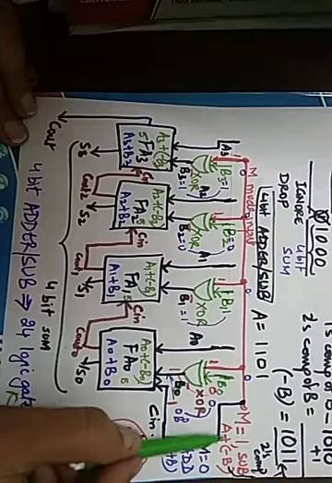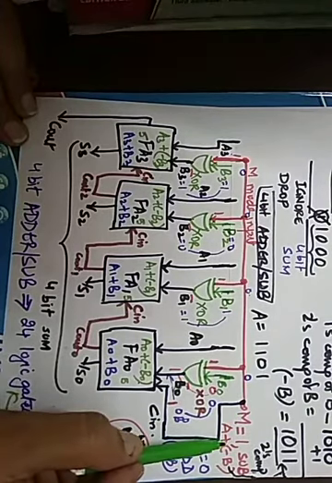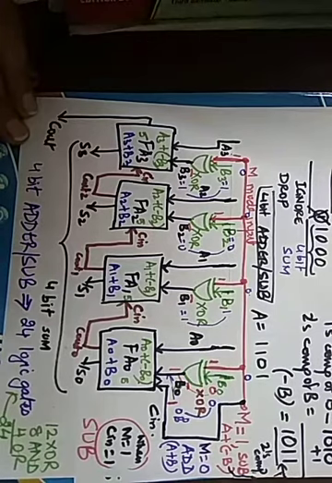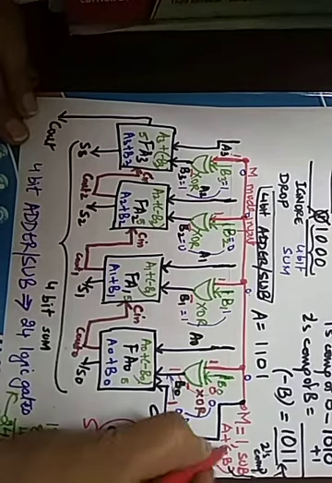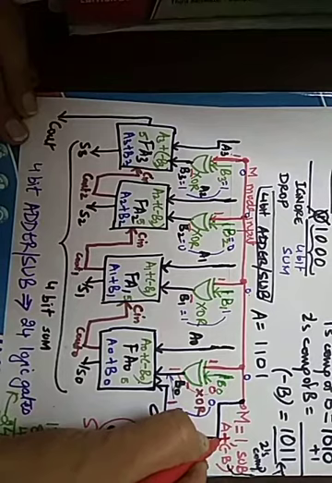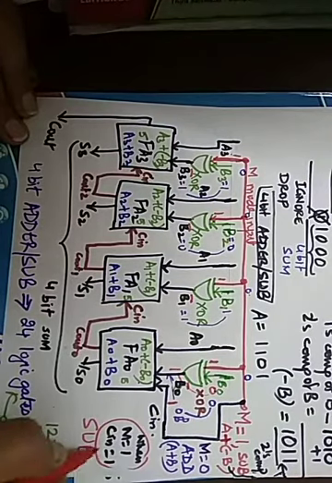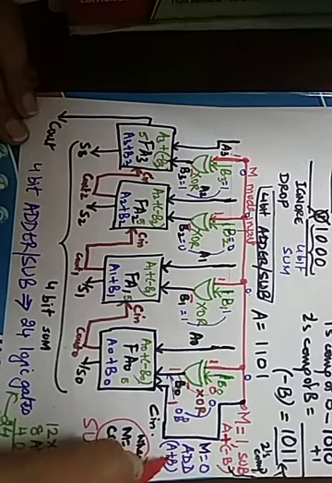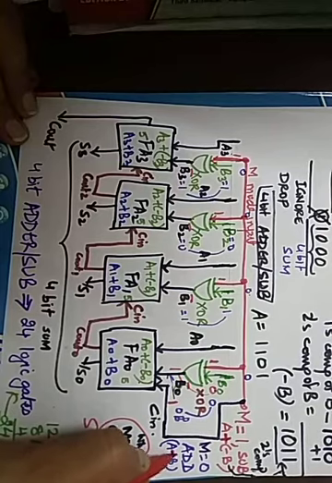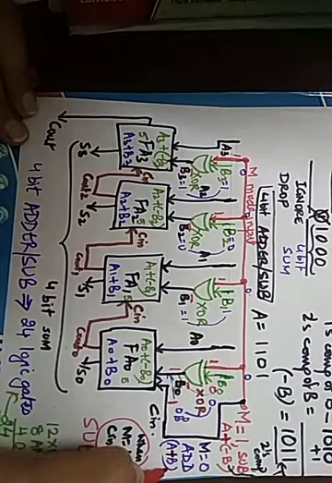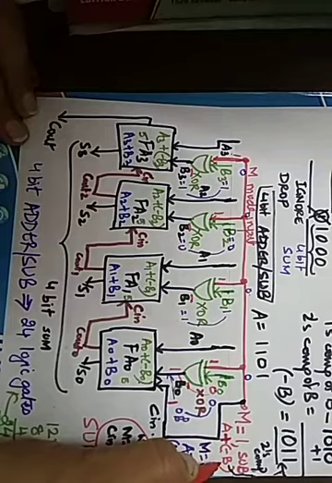When M is 1, it subtracts, A plus minus B, doing the process of addition each time. When M is 0, again it is doing A plus B.